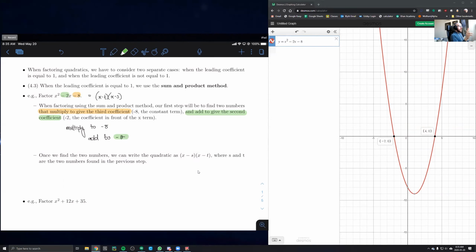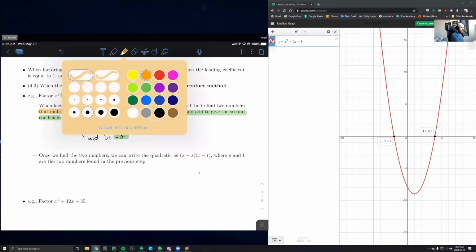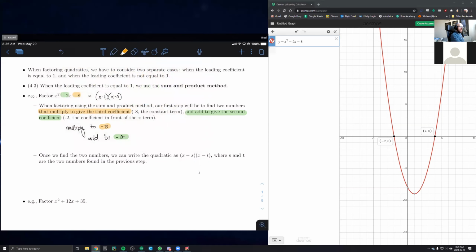So how could we make it so that those two numbers would add to give -2 instead? You just switch one of the signs? Yeah, you flip the signs, exactly, right? So all we have to do would be, instead of having 4 and -2, we have -4 and +2, and that would do the job, right?